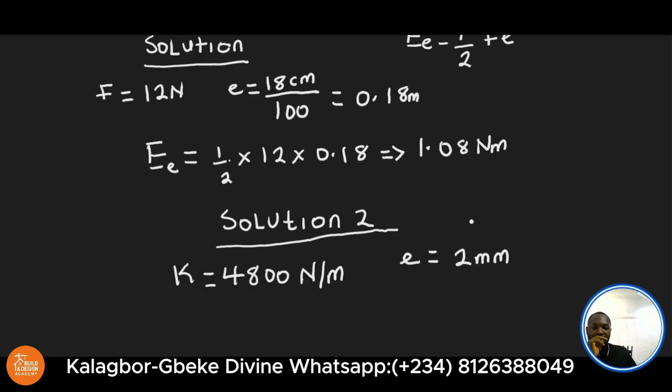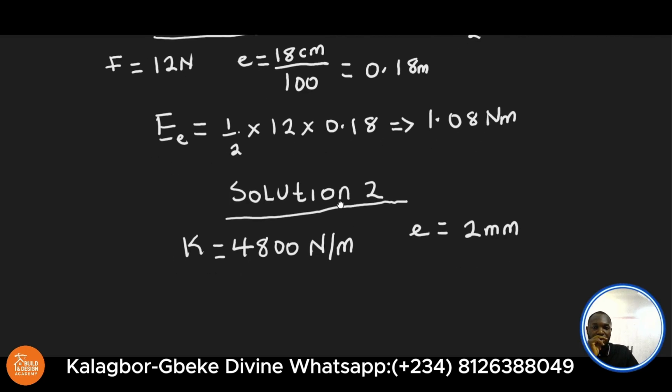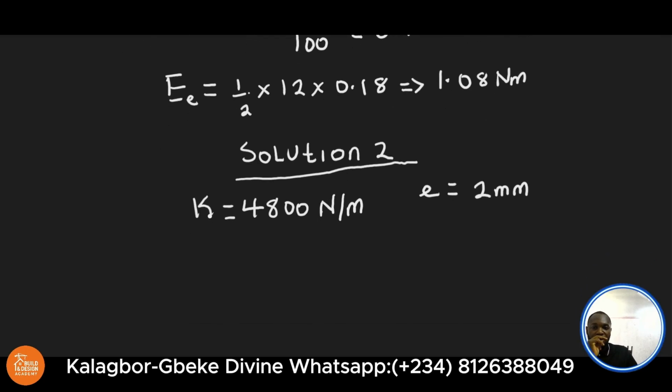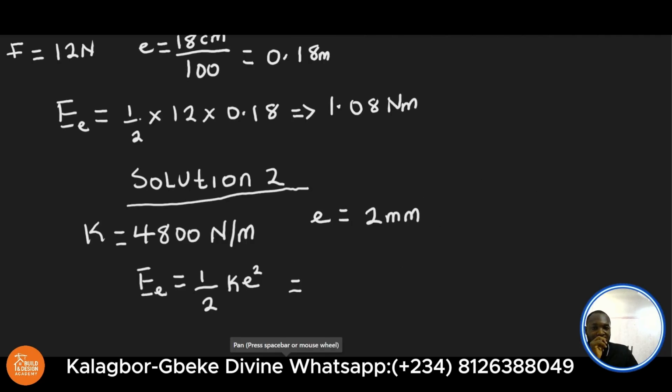So they say we should find the elastic potential energy. So we'll recall the formula. E is equal to 1 over 2 K e squared. So if we substitute, first of all, this is in millimeters. So to convert to meter, you divide it by 1000.